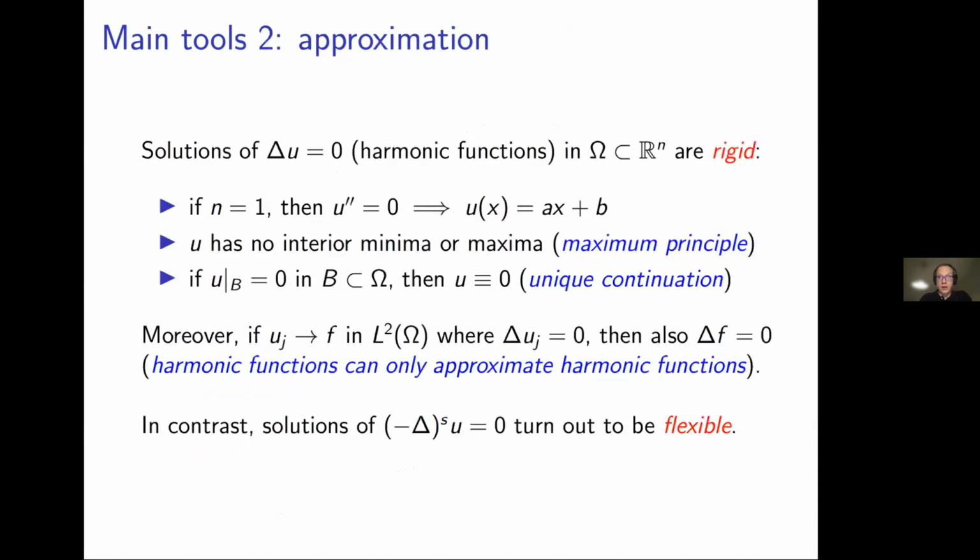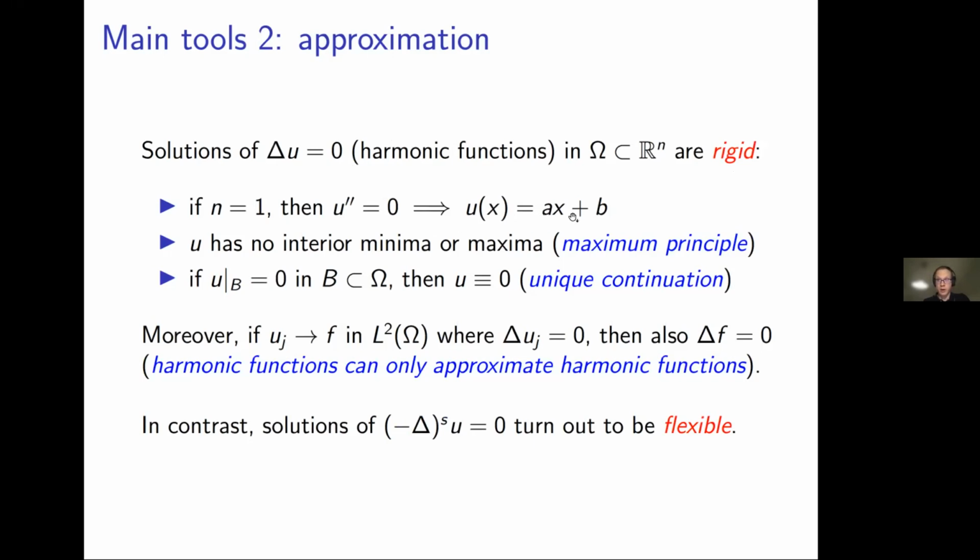And then the second main tool is this approximation. Here we can do a comparison to the classical case, the Laplace equation. Solutions of Laplace equal to 0, which are harmonic functions, are in many ways rigid. For instance, in one dimension, the Laplace equation is u'' = 0, which implies that u has to be an affine function.